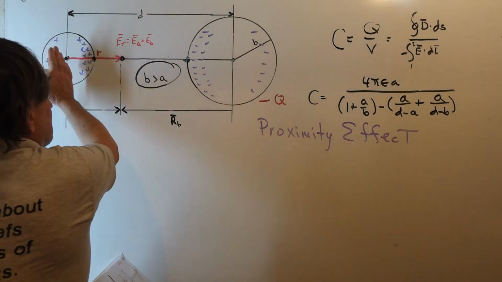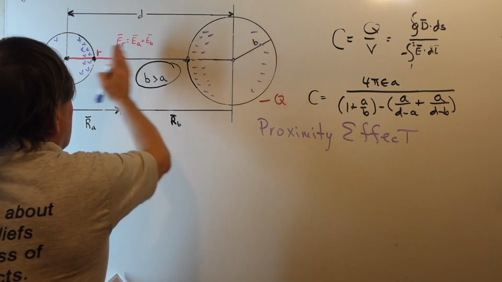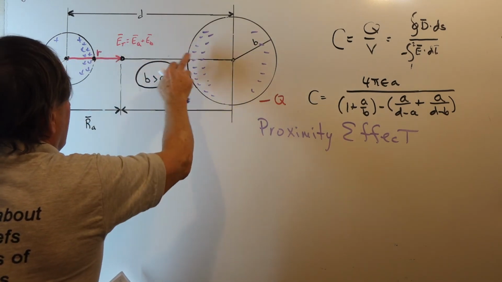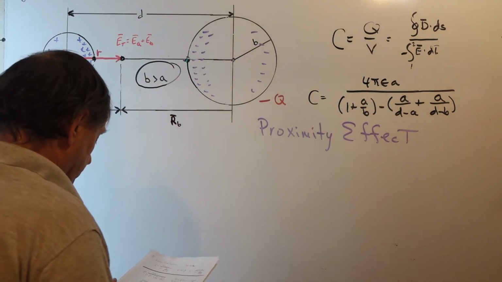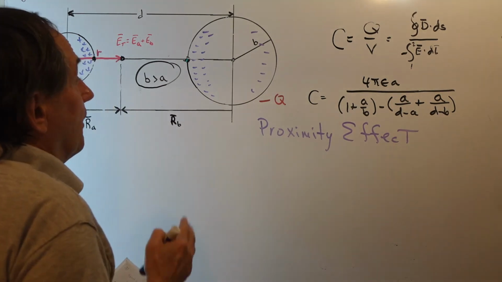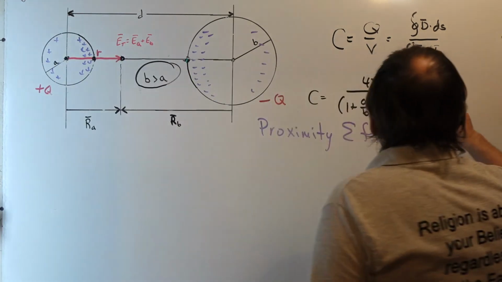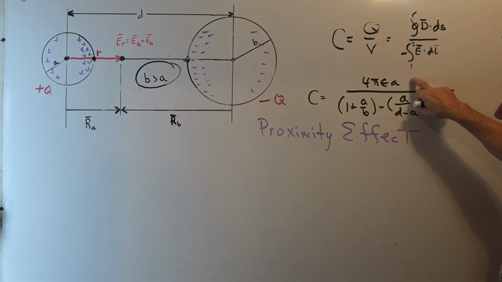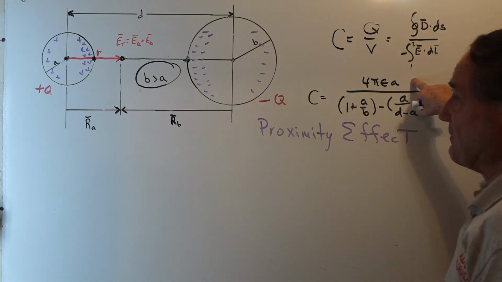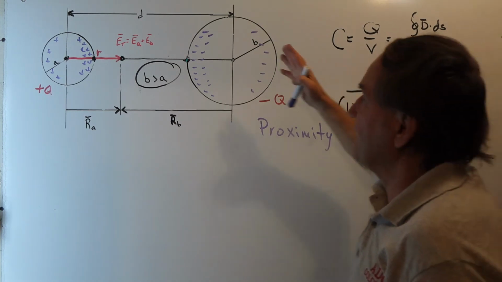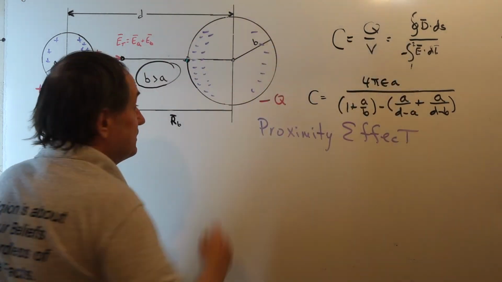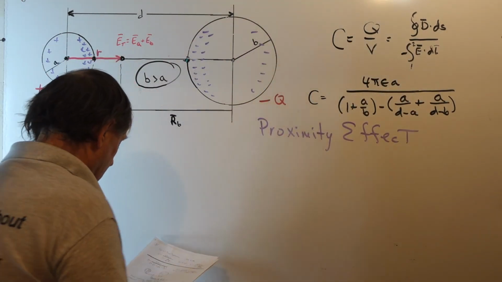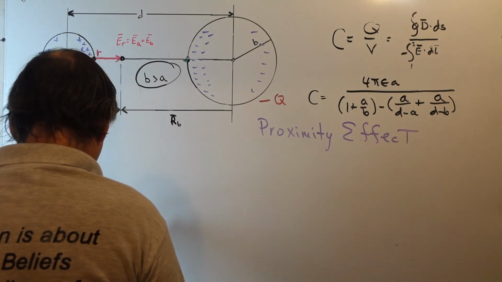The induced charges migrate to the sides of the spheres that are facing one another. But what we can do is argue that this value of capacitance places an upper bound on the actual capacitance between the two spheres. And we can argue it in this manner.